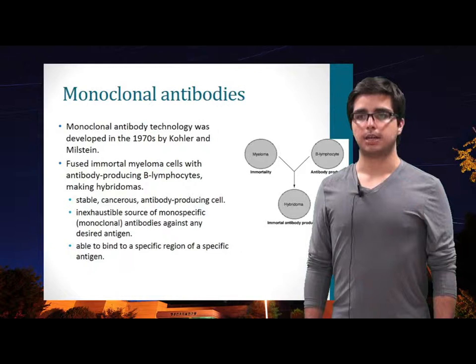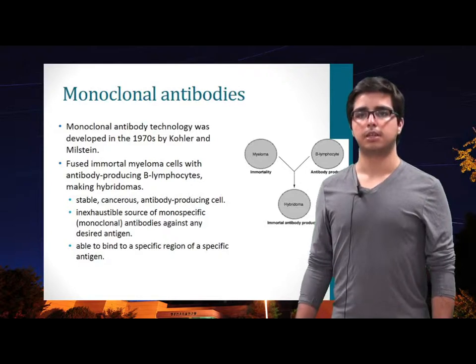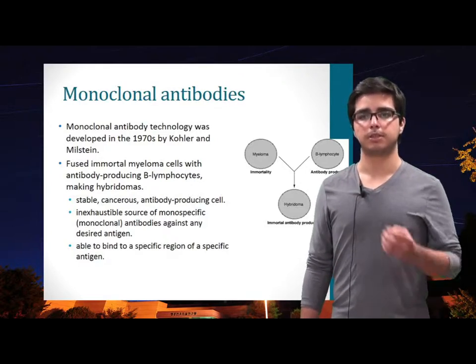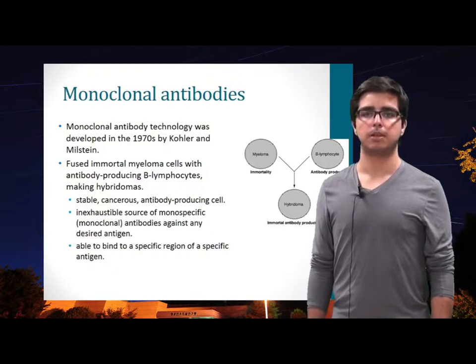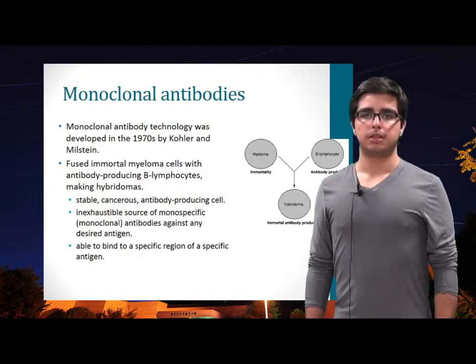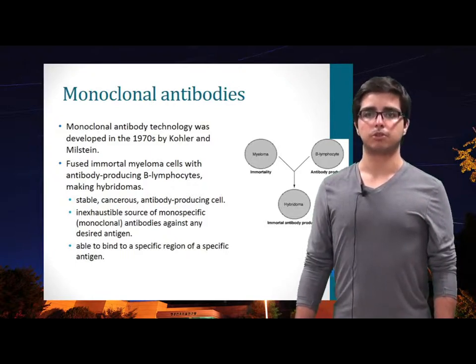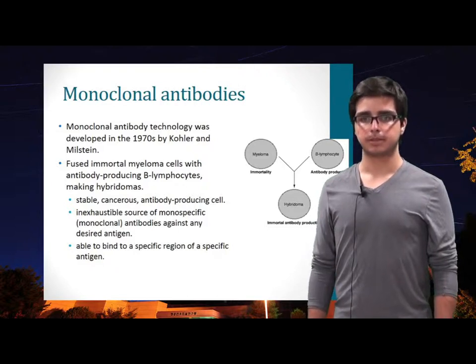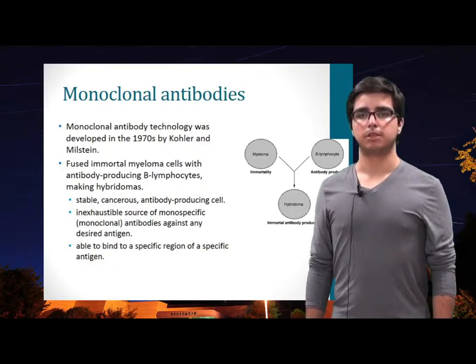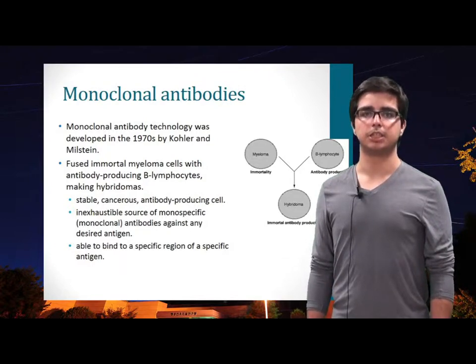Thus obtaining a cell called a hybridoma, which is stable, cancerous, and is able to produce the antibodies produced by the B lymphocyte with which it was fused. Therefore, it's able to produce monospecific, or also called monoclonal antibodies, without exhaustion. These monoclonal antibodies are able to bind to a specific region of a specific antigen.